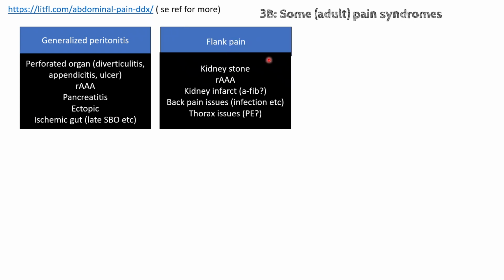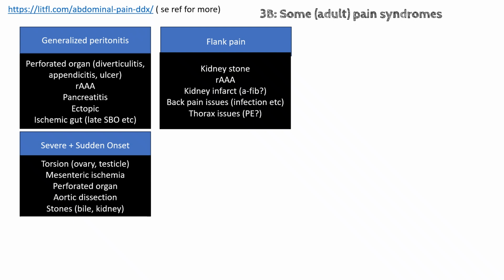Flank pain. Well, if they have the flank pain syndrome, you have to think of the thoracic issues. Is it pulmonary embolism, for instance, kidney issues? Back pain issues, like the neighboring regions, but also kidney stones, ruptured aortic aneurysm, kidney infarct, and so on. Another syndrome is the patient with severe and sudden onset pain.